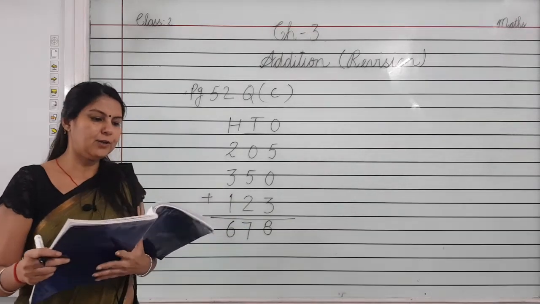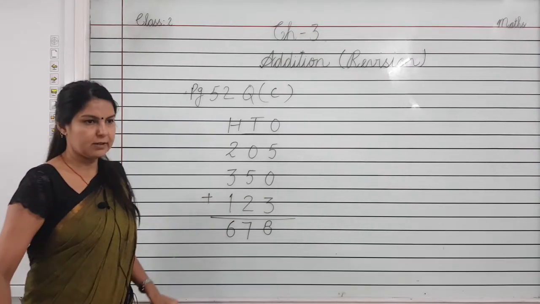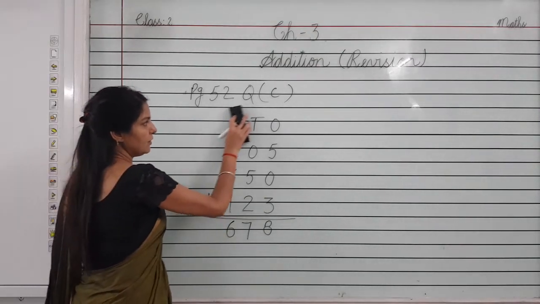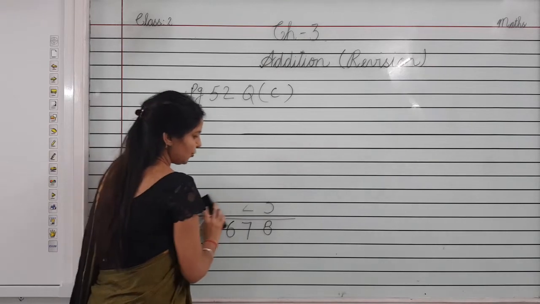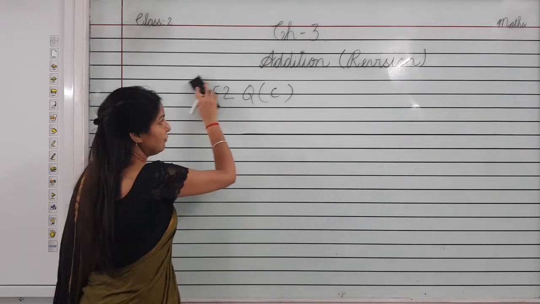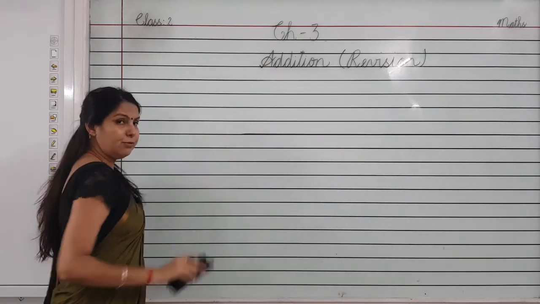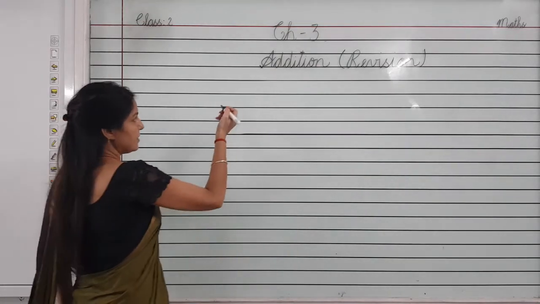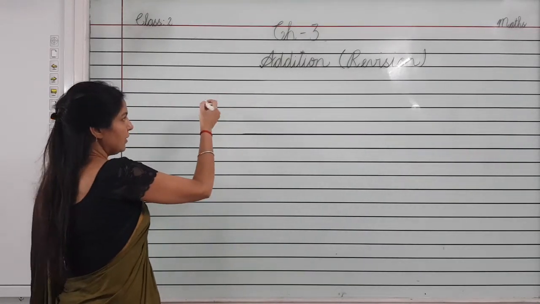addition using carryover method. In these sums, children, you have to carry over the digits. So you will find the sum of two digits. Let's see, I am taking one example.